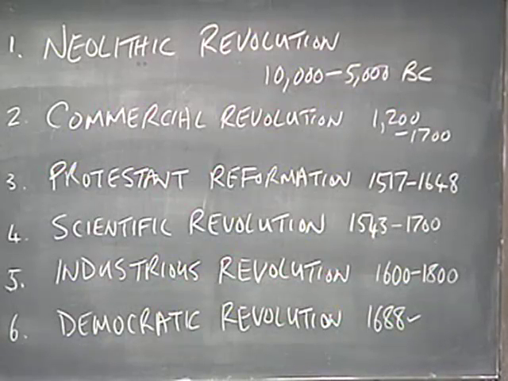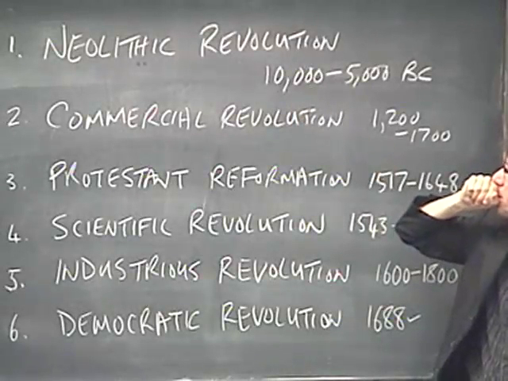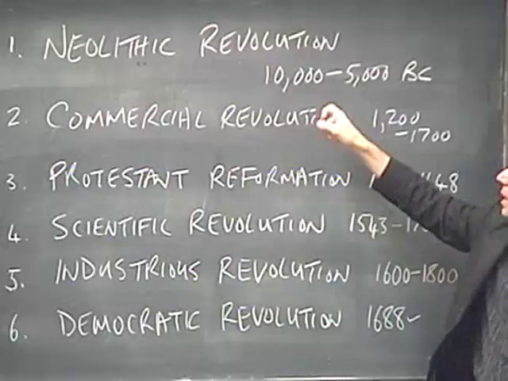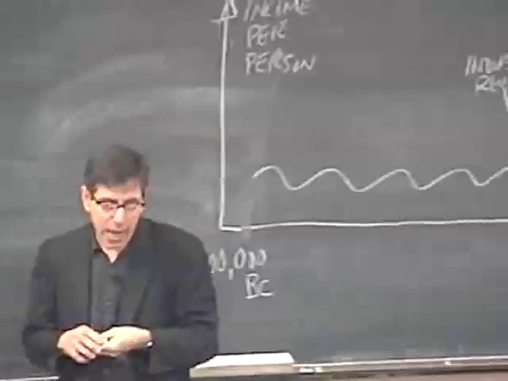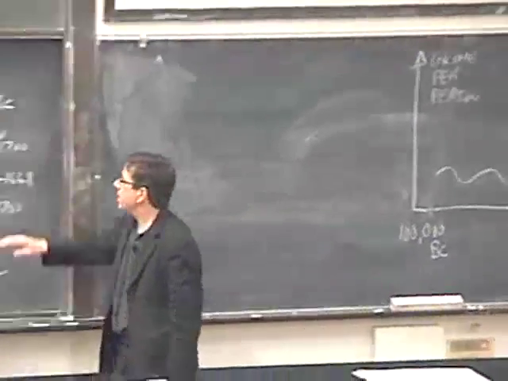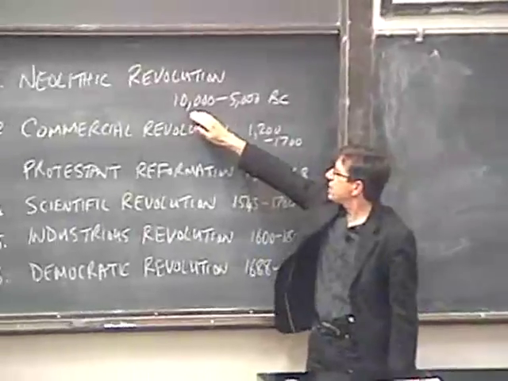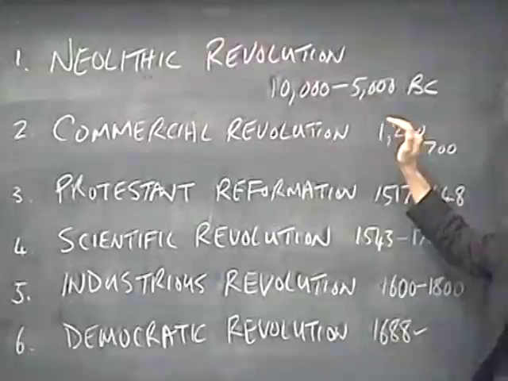The Neolithic Revolution is given enormous importance by archaeologists and anthropologists. It turns out in this interpretation of history in the book here, it actually doesn't show up as a separate event in human history. The reason for that is that we'll see that it doesn't allow people to escape this Malthusian trap.